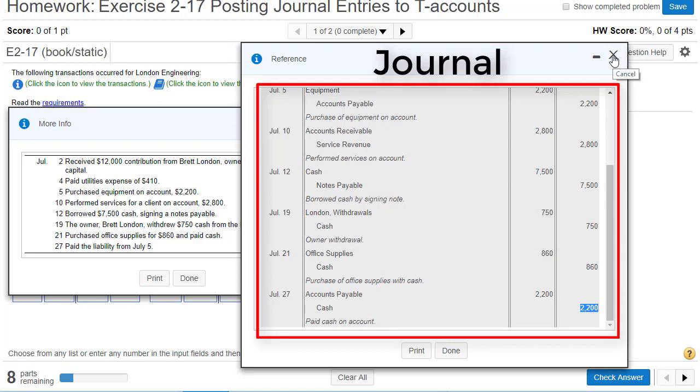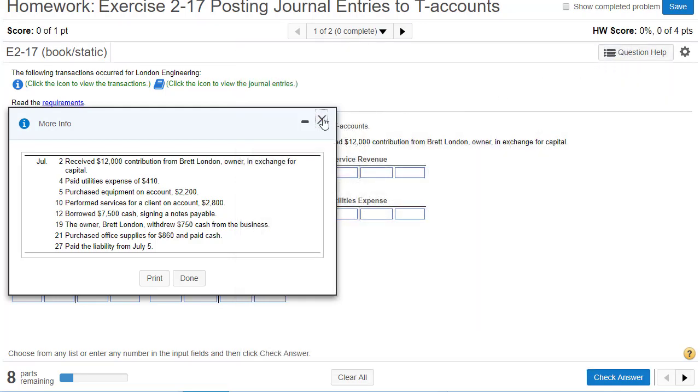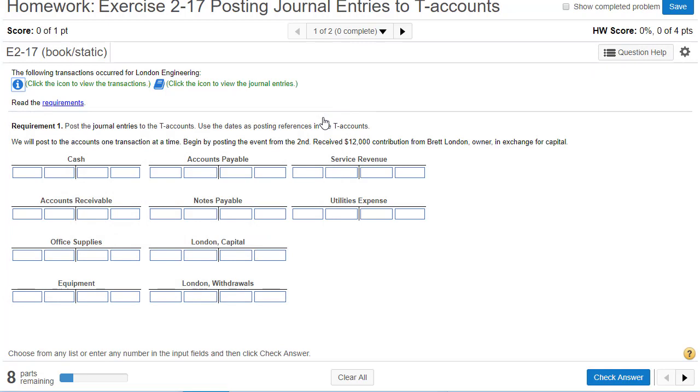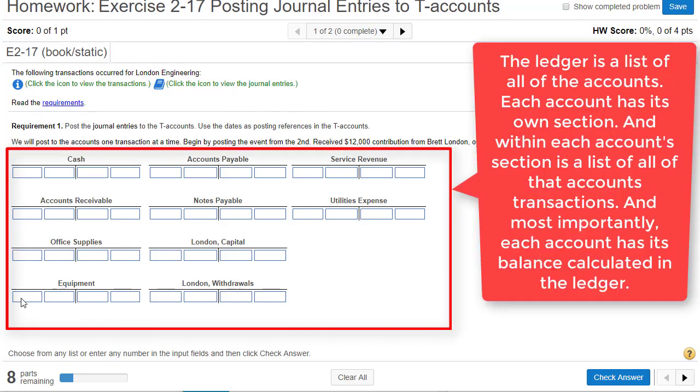So the way we calculate balances in our accounts is we post or copy the data from the journal to the ledger. And here is the ledger. Now what the ledger does is it takes all the accounts and has a section for each account.